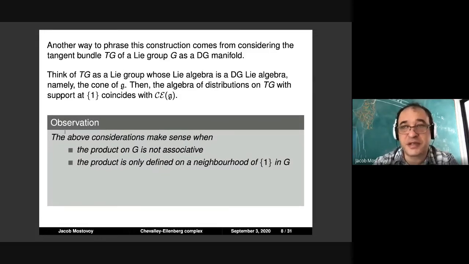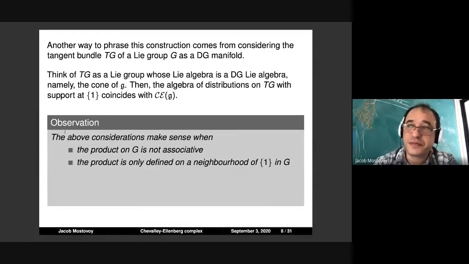It can be extended to a globally defined group. In the non-associative case, it's extremely important because most, I would say, interesting loops, most interesting non-associative products, are only locally defined. They're not globally defined.